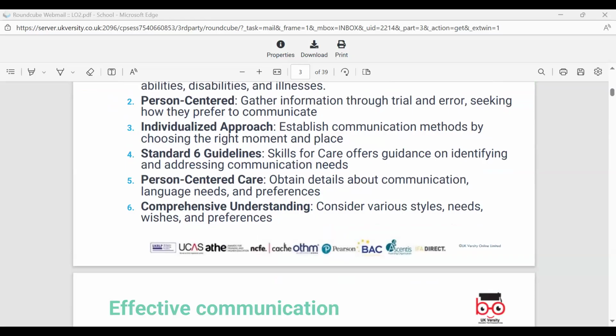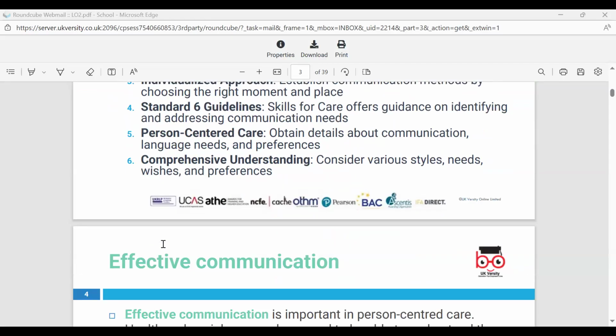We also pay attention to individuals' body language and how they adapt their communication to match their needs, because not everyone is the same. Some people may be quite reserved and timid, so they won't express themselves like other people, and that impacts their communication because they don't want to say anything.